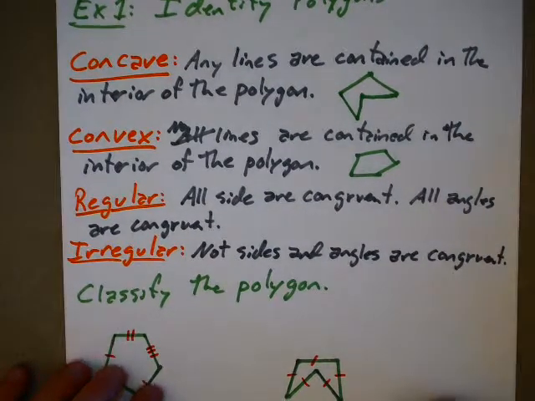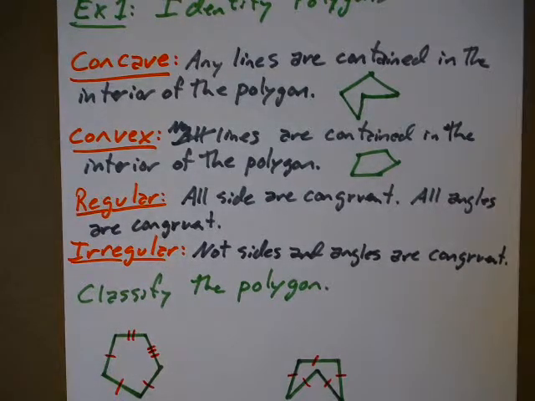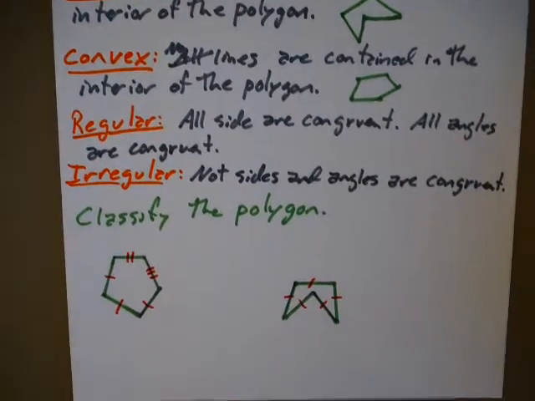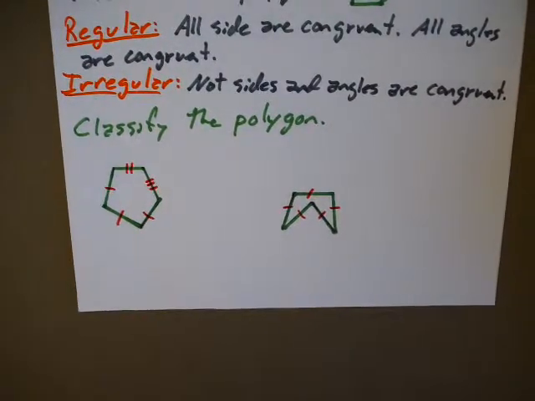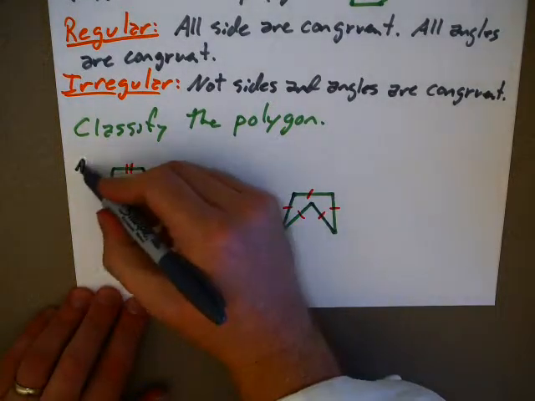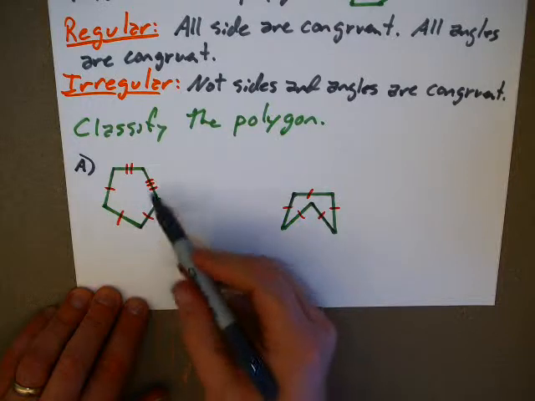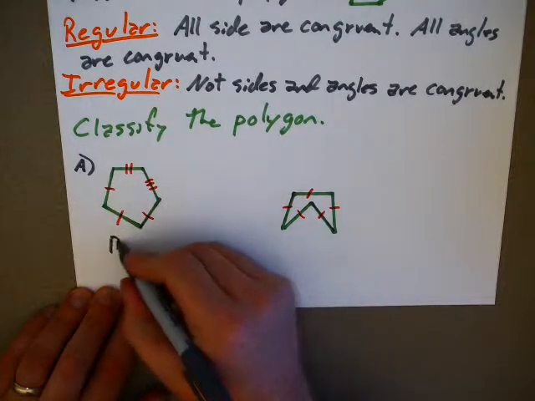So you might get a question asking you to classify a polygon. I have 2 examples of polygons here. The first thing you would do is decide how many sides this has. If I took a look at example A here, this shape has 5 sides, so this is a pentagon.